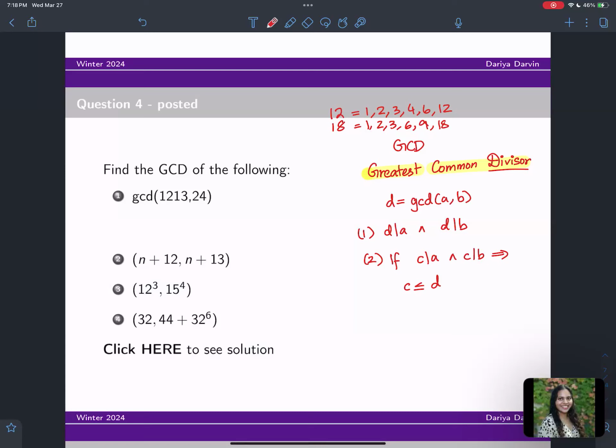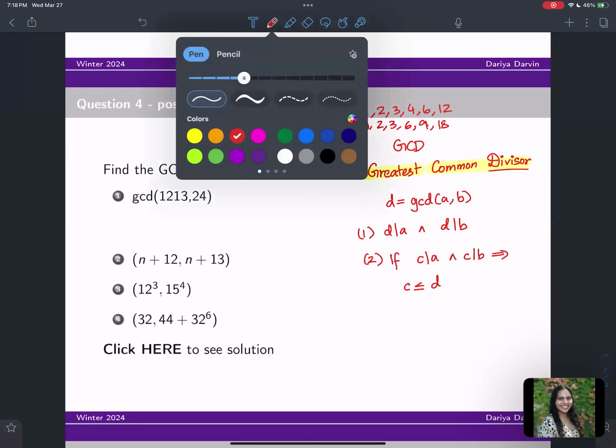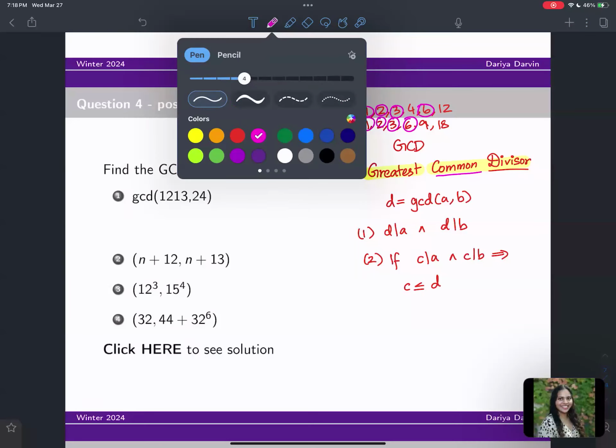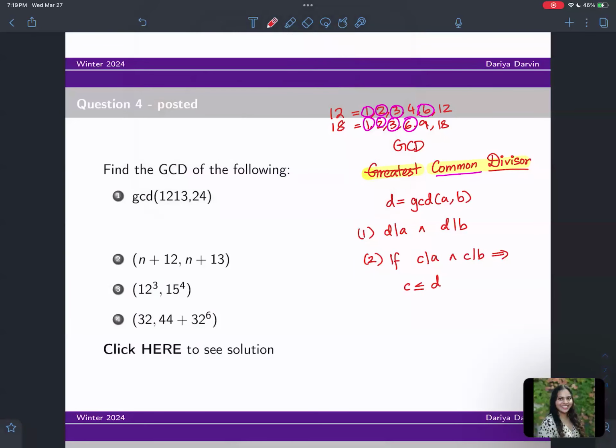So those are the divisors. Then you have to find the common divisors, which are 1, 2, 3, 6. And then finally, you have the greatest common divisor. So you find the biggest one. That's 6. So that's GCD.